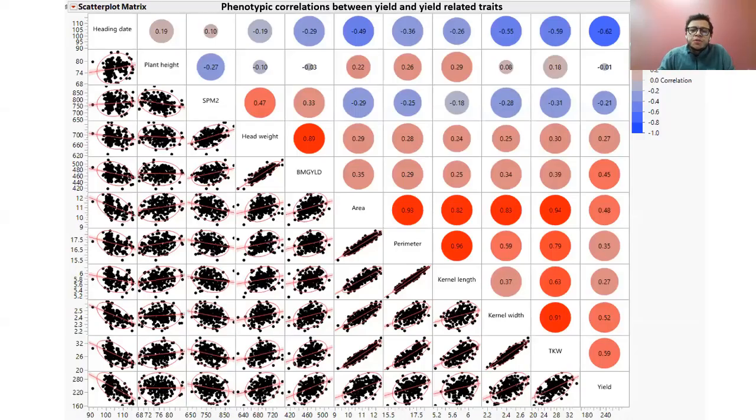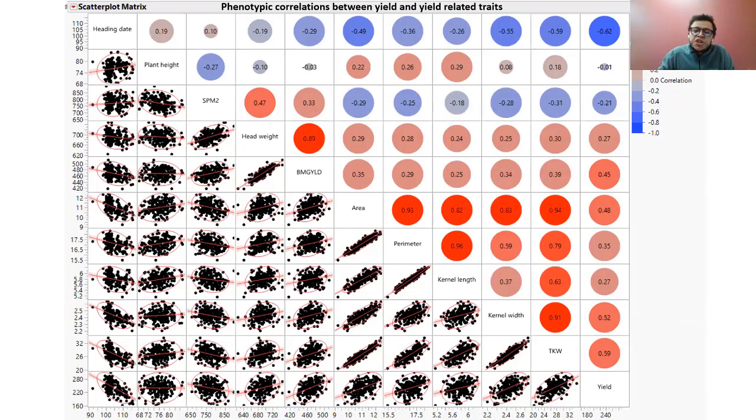On the correlation table, we can see many significant correlations between traits. The most important ones are the dark colors, which are the high positive significant correlations. The seed traits have more significant correlations with each other.